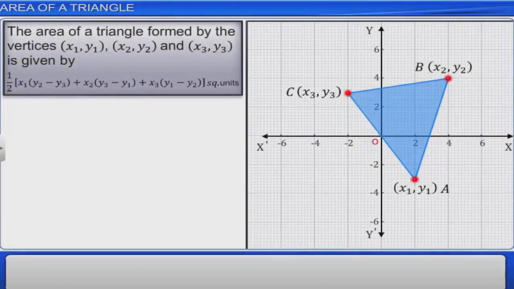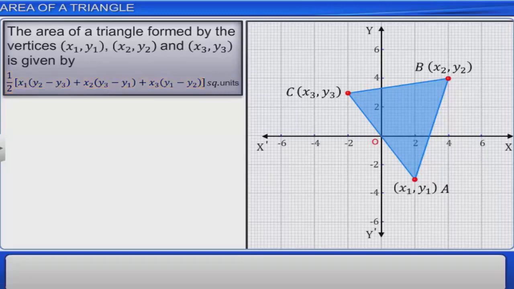Its area can be determined by substituting the coordinates of the vertices in the formula half of x1 times of y2 minus y3 plus x2 times of y3 minus y1 plus x3 times of y1 minus y2, which is the formula to calculate the area of a triangle when its three vertices are given.